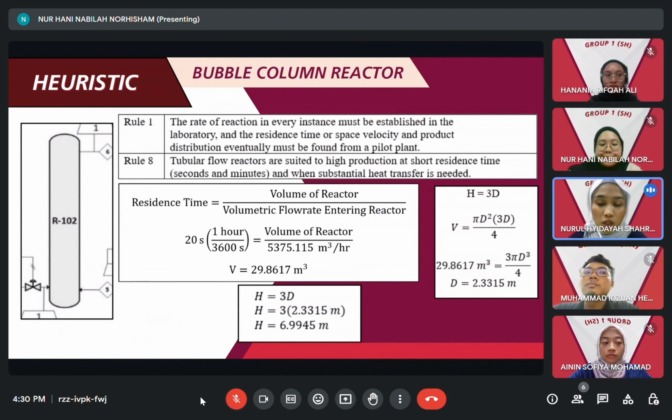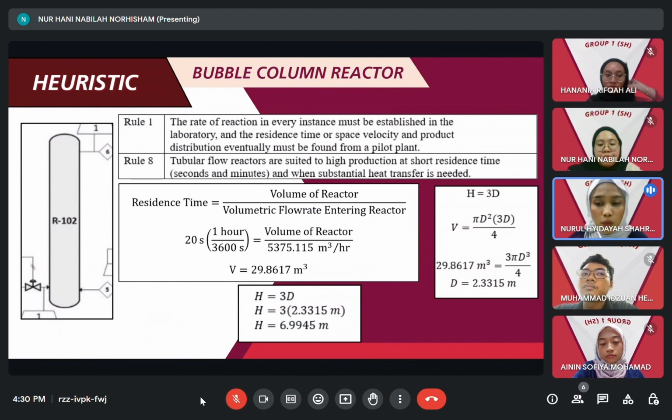Based on our literature review, we estimate the residence time and also the ratio of height. For the residence time, we obtain 30 seconds from the literature review, where we convert this seconds to hours, and then we can obtain the volume of the reactor.